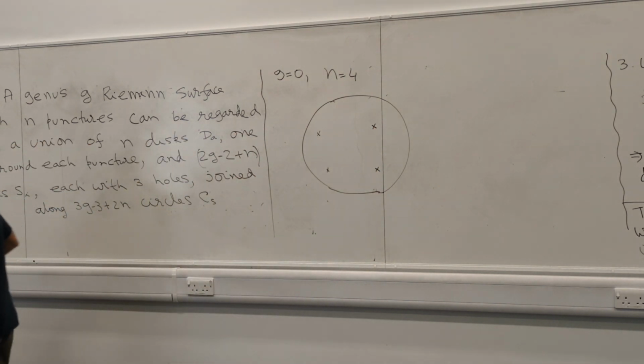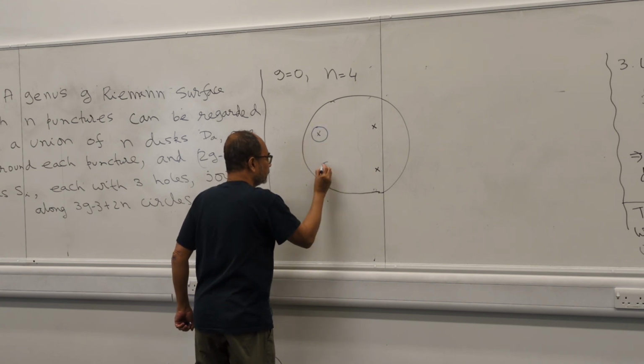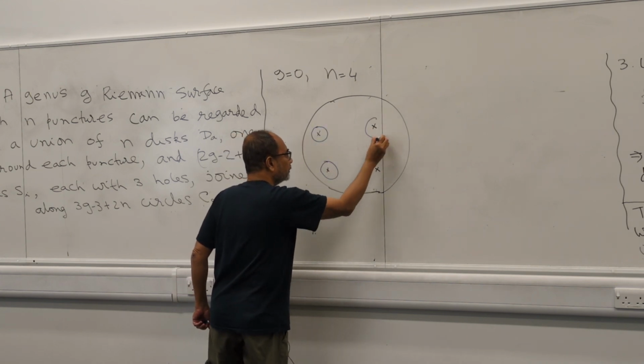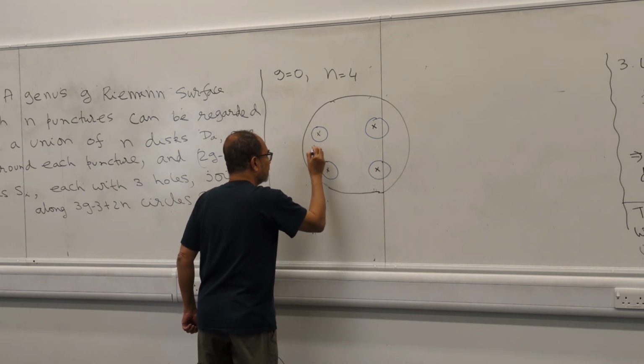And so now what you are supposed to do is to draw some discs around the punctures first. So this is D1, D2, D3, D4.